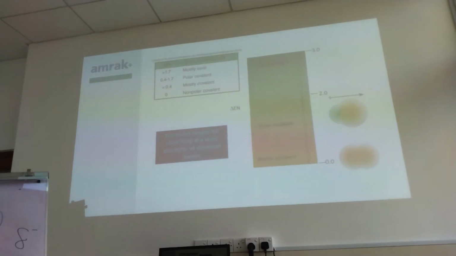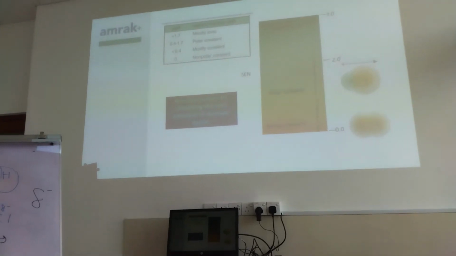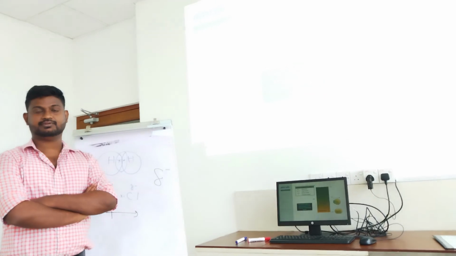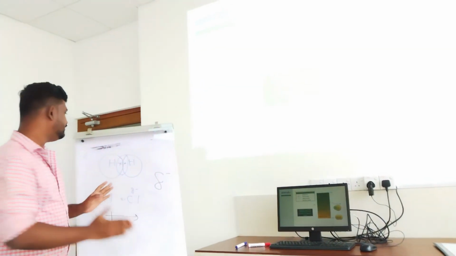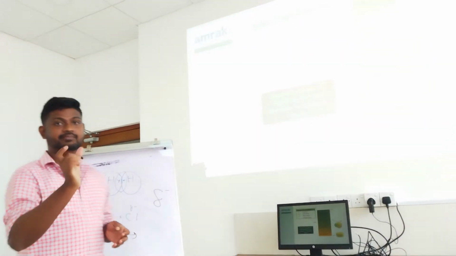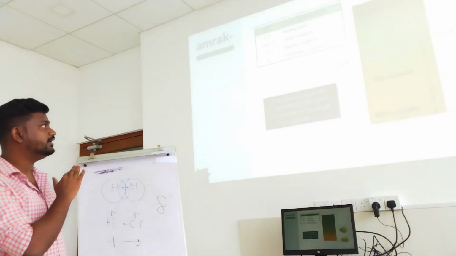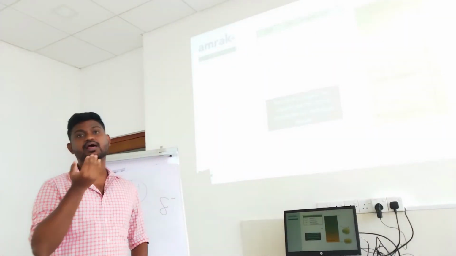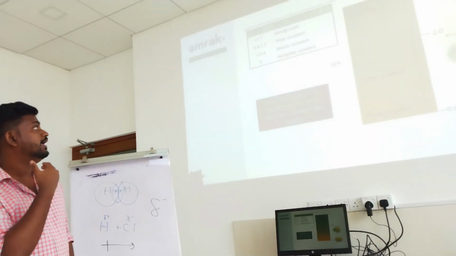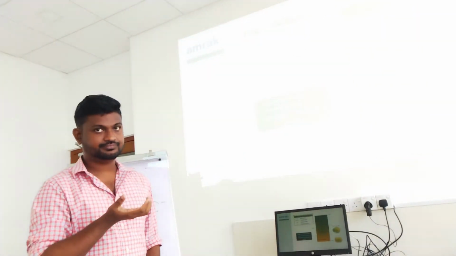You take the difference in electronegativity between the two atoms. When the difference is greater than 1.7, the bond is ionic. Between 0.4 and 1.7, it is usually considered polar covalent: covalent, but polar. Less than 0.4, it is considered covalent.